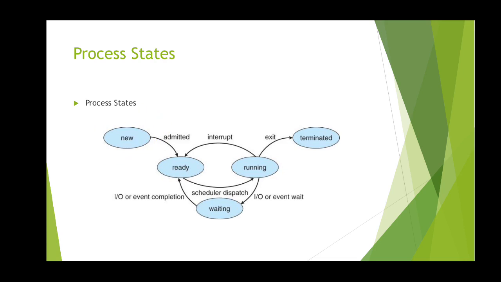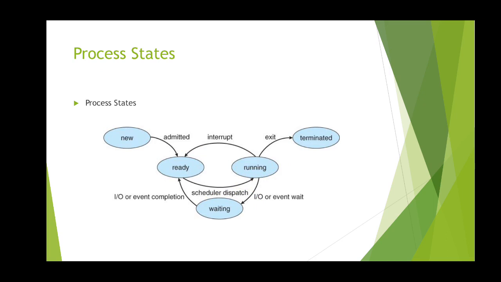If the process has completed execution, it will be in the terminated state. So new and terminated are the two endpoints of the state diagram, and all processes should go through these two states. Between the new state and terminated state, the process can go through ready state, running state and waiting state.